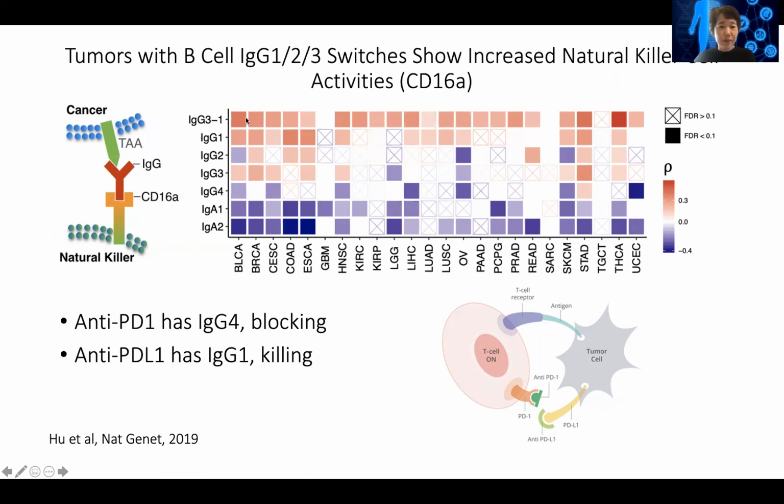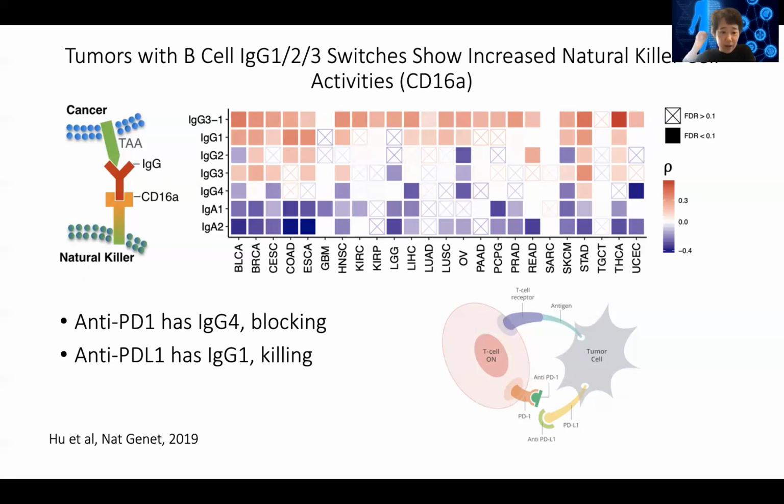IgG1, 2, 3 are mostly activating the immune system, whereas IgG4, IgA1 and 2 are suppressing the immune system a little bit, or at least they are not necessarily killing anymore. This helps us understand, for example, that when you have PD-1 and PD-L1 antibodies, both developed by therapeutic companies to block the PD-1, PD-L1 interaction, their constant regions are different.